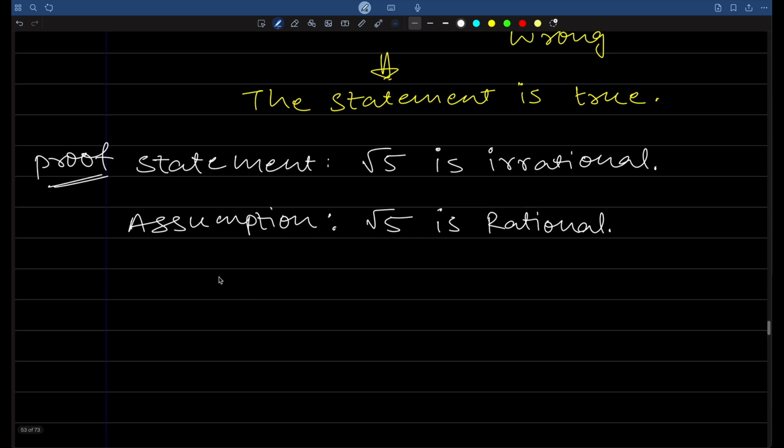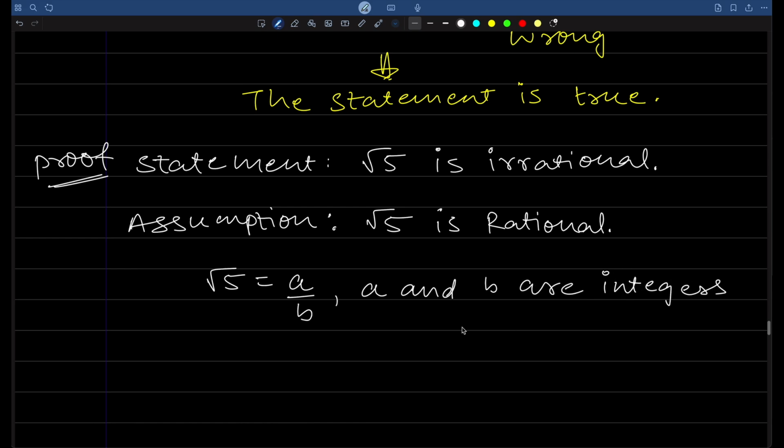Because root 5 is rational, we can represent root 5 as a divided by b, where a and b are integers. We have b not equal to 0 because division of any number by 0 is not defined.